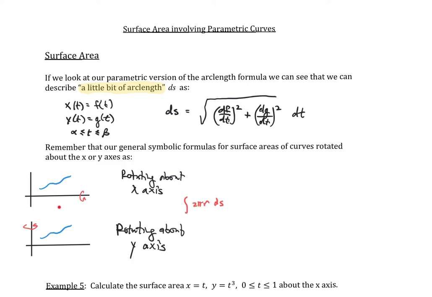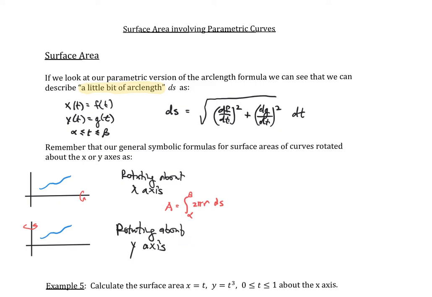So we have the circumference of a circle coming around like this, or coming around like this. And then the ds was that little bit of arc length that we had discussed earlier. And we know that everything is going to be parameterized in terms of t, so we're going to need an alpha and a beta. Okay, so this was our general formula for surface area. So let me put a box around that, like this. And then I want to get into more specifics.